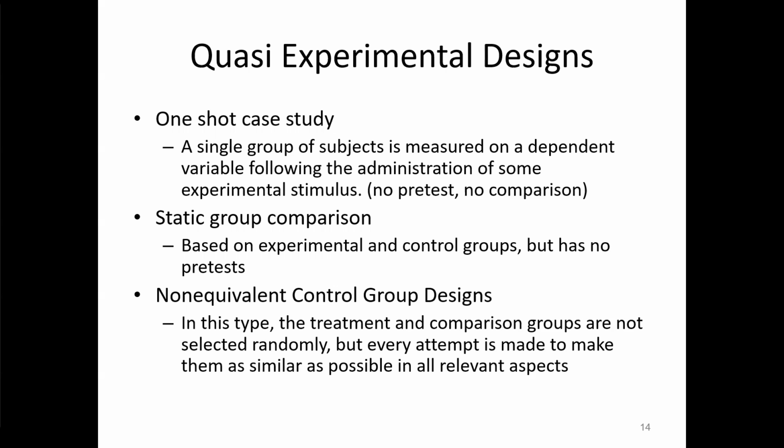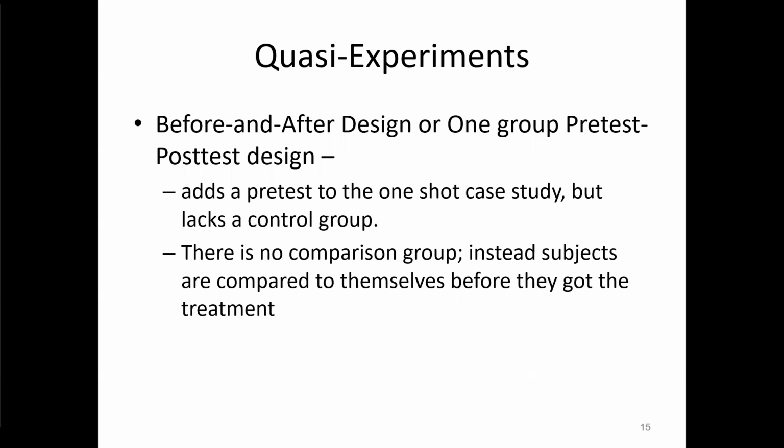Non-equivalent control group designs is another model, and in this type, the treatment and the comparison group are not selected randomly, but every attempt is made to make them as similar as possible in all of the relevant aspects. In quasi-experimental designs, we have sometimes a one-group pre-test, post-test, or a before and after design.